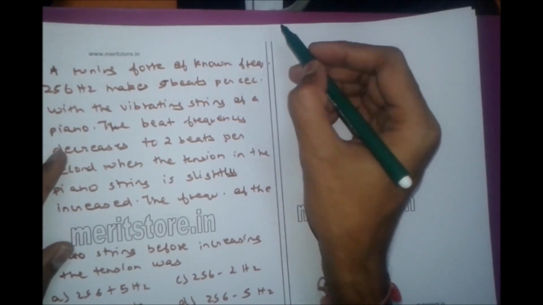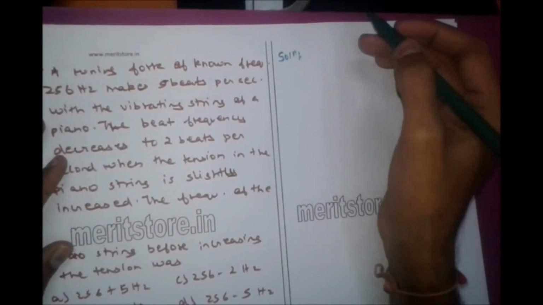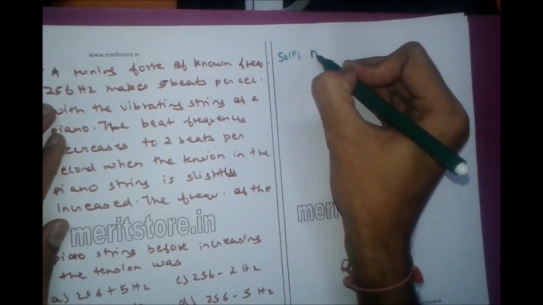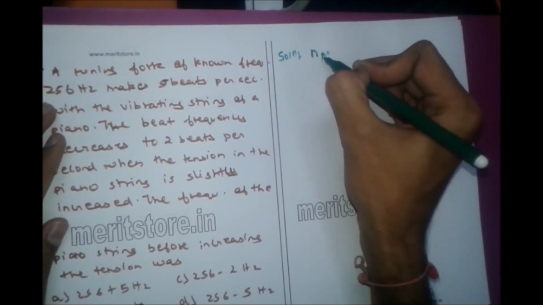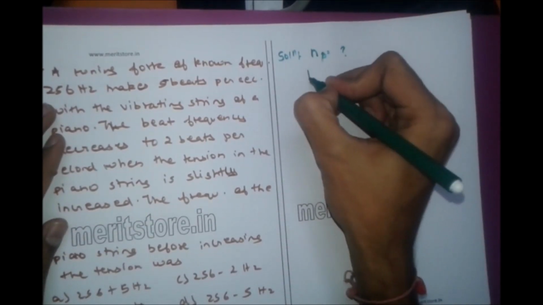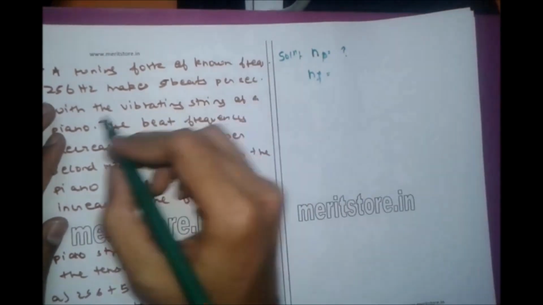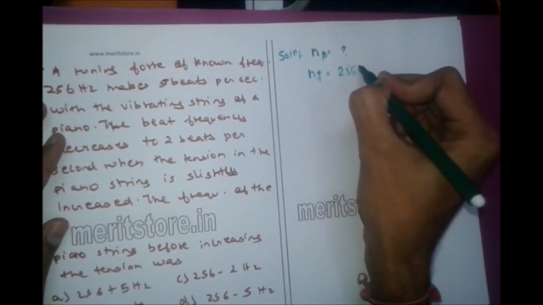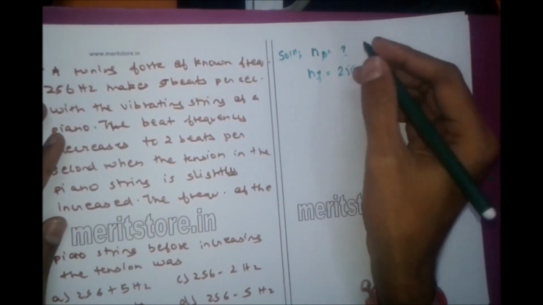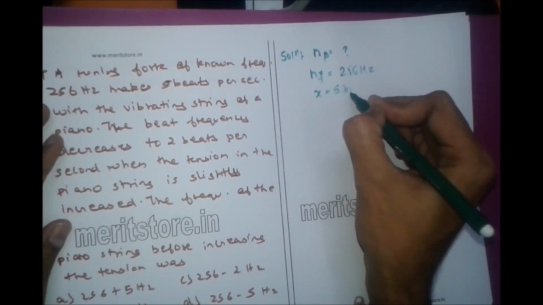Okay, so we'll first write down the frequency of the piano, NP, which we need to find out, we don't know. Then we have NF, the frequency of the tuning fork, given as 256 Hz. Then we have the beats per second, X, equal to 5 beats per second.